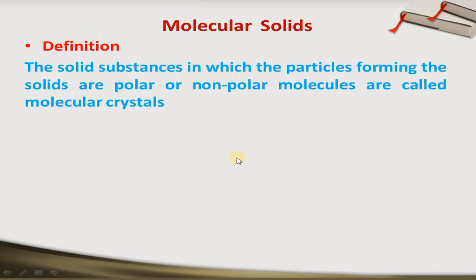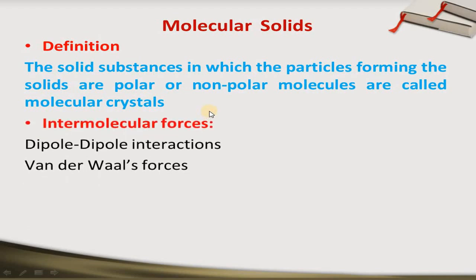What are molecular solids? The solid substances in which the particles forming the solids are either polar or non-polar molecules are called molecular crystals. There are two types of intermolecular forces present in molecular solids: dipole-dipole interactions and van der Waals forces.